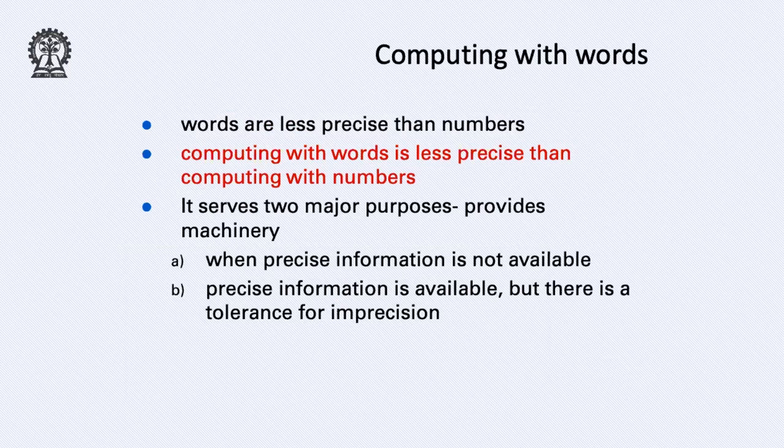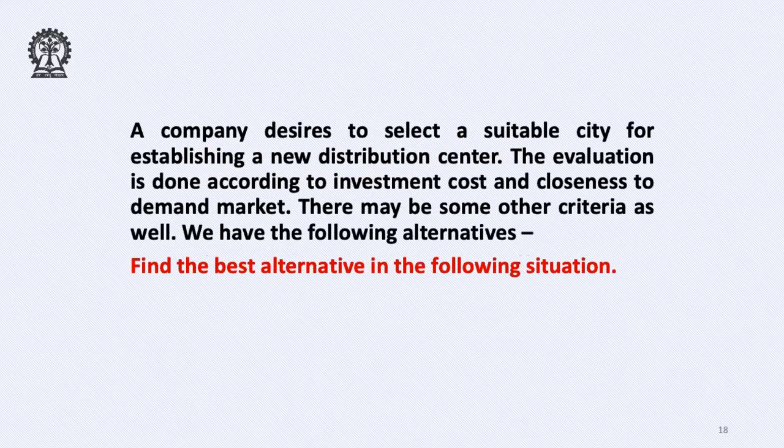When precise information is not available, we can do very nicely. And if precise information is available, like in the vicinity of 11, but there is a tolerance for imprecision, that also we can capture and include. Let us consider a very simple example in multi-criteria decision making, where we have several objective functions together.